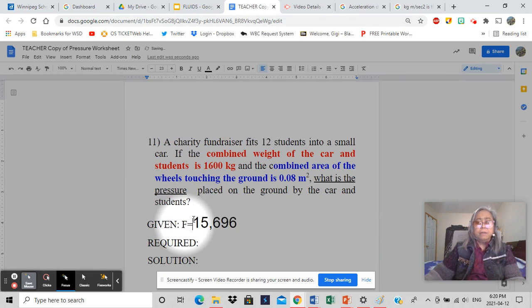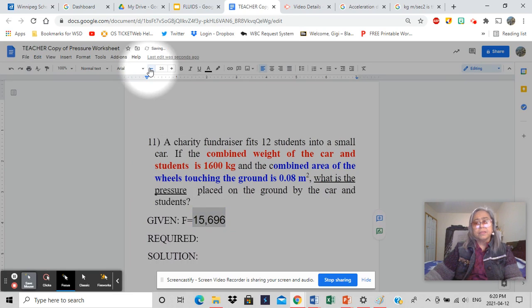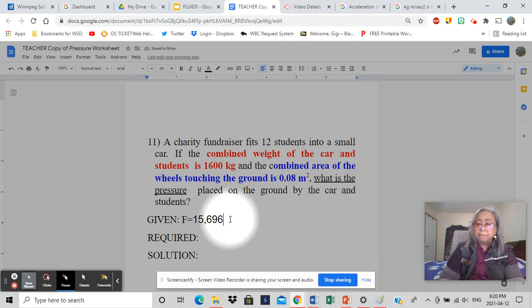Maybe just make it smaller. And the unit here is kilogram meter per second squared or Newton, capital N. Okay?